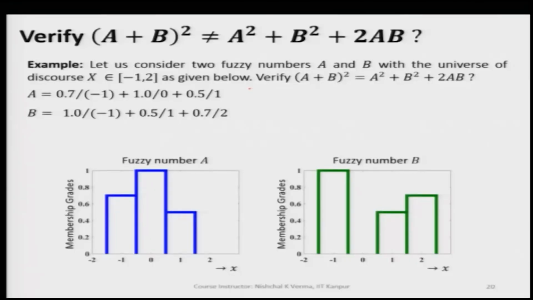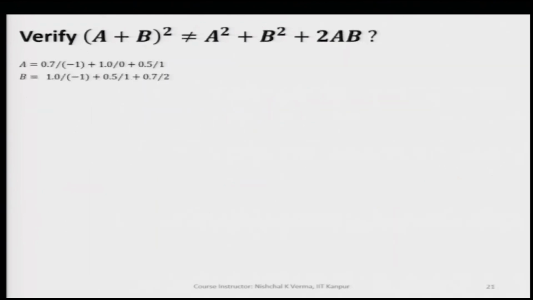So, here we have taken discrete fuzzy sets. So, we have 2 discrete fuzzy sets, A and B, and these fuzzy sets are fuzzy numbers, as you can see. So, let us now find the addition of these two fuzzy numbers.